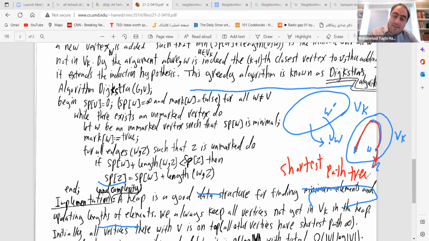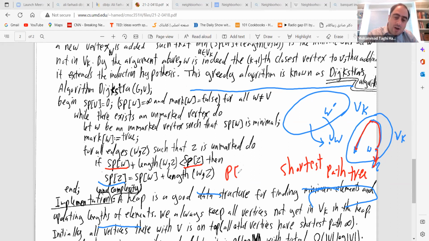The other thing is that this only gives you the estimate for the shortest path. What if you want to find the shortest path itself? It's very similar to those dynamic programming things that we have mentioned. Whenever we are updating SP of Z, you need to keep the path itself.